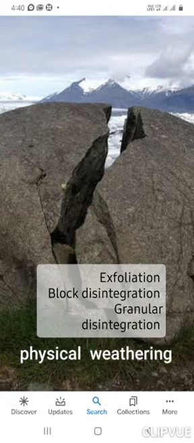Like this, the other two types of weathering also give the same result, but the action is different. Just as we saw the three types of physical weathering, in the other weathering also it is because of some reasons, and the places and the rocks are different. Okay.